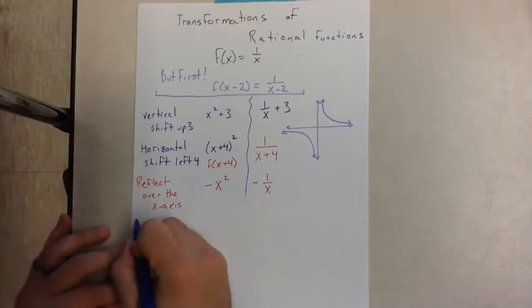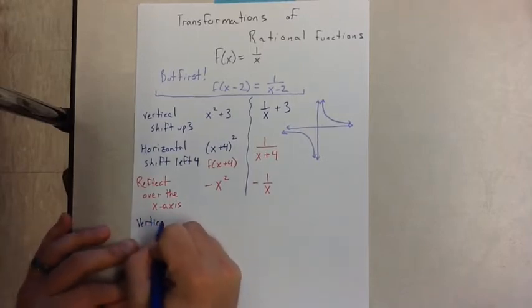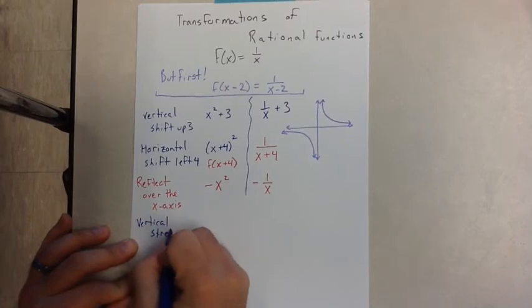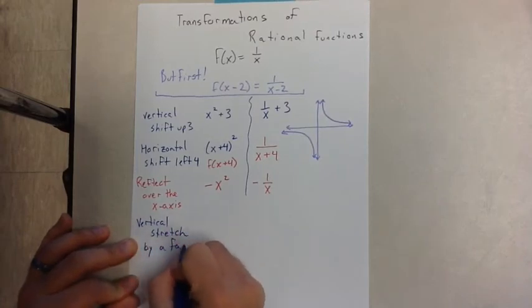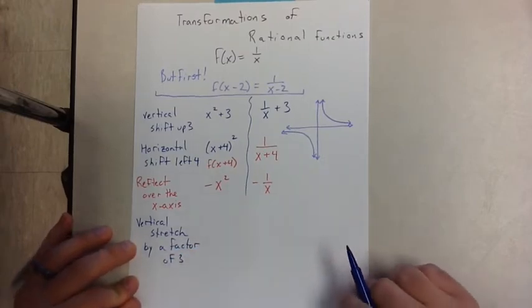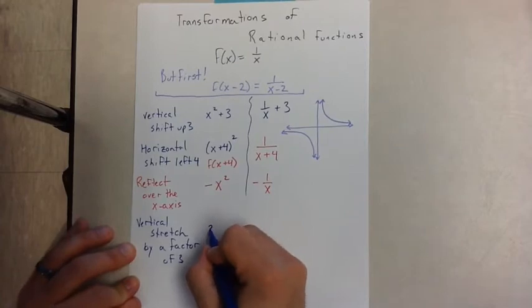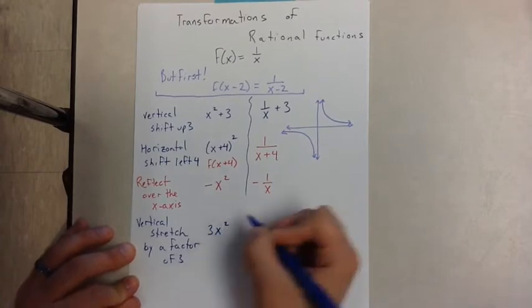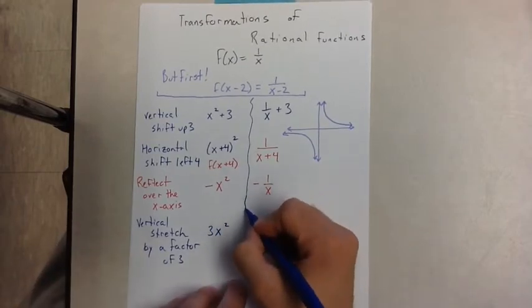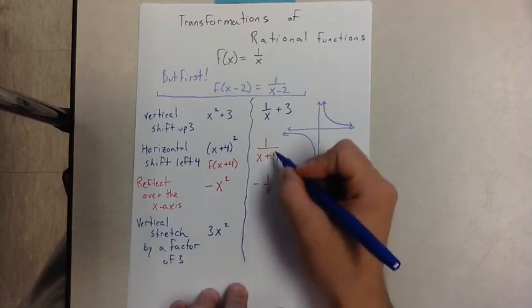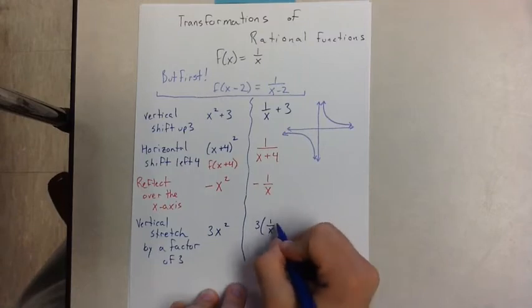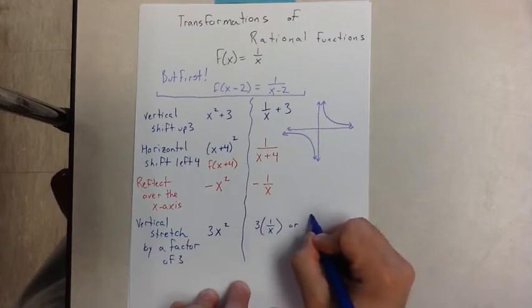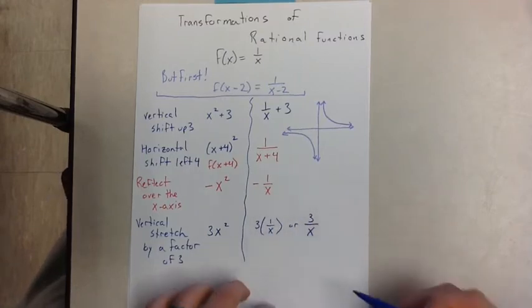So if I want to apply a vertical stretch by a factor of 3, so vertical stretch, that was just multiplying by 3. And the same, again, just multiplying 1 over x by 3, or it will most often appear as 3 divided by x.